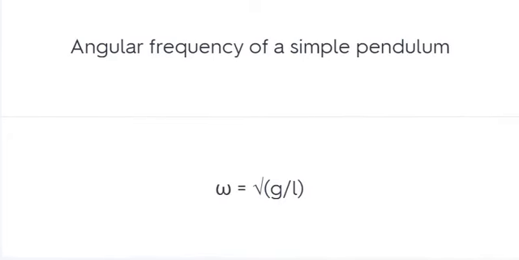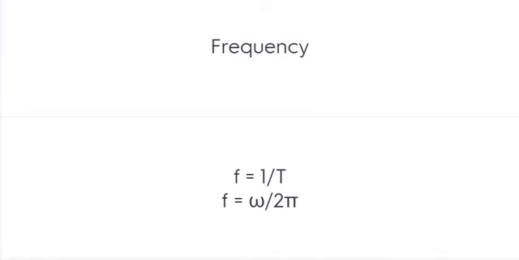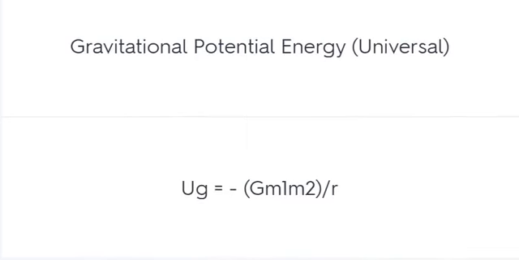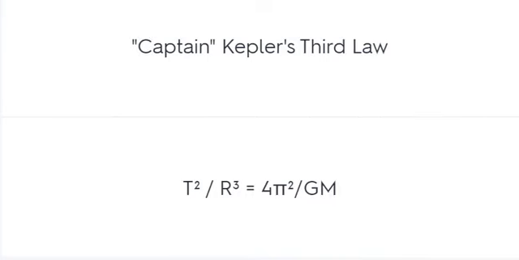Angular frequency of a simple pendulum: omega equals root (g over L). Frequency: f equals 1 over T, f equals omega over 2 pi. Escape velocity: v equals root (2GM over R). Gravitational potential energy: U equals minus GMm over R. Kepler's third law: T^2 over R^3 equals 4 pi^2 over GM.